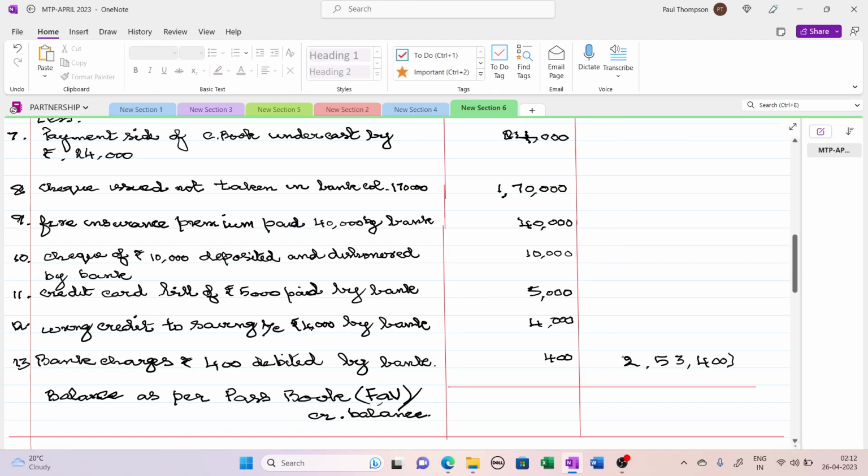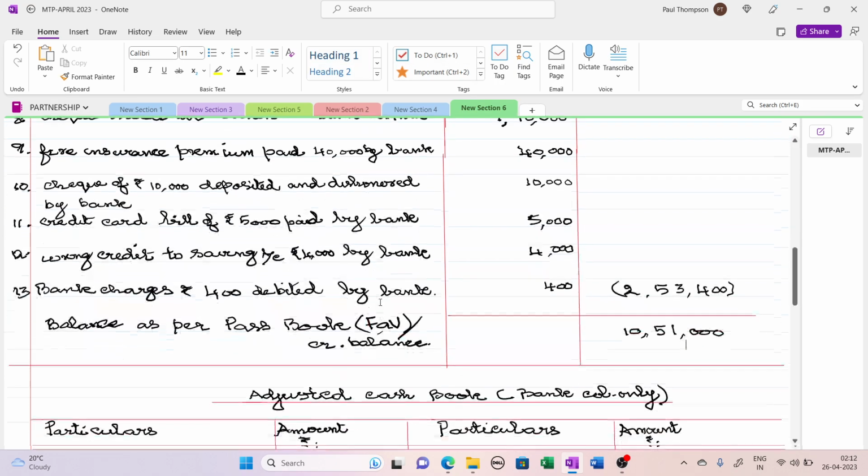So always write it in the brackets. So the balance comes to, because the plus amount is more, the balance is favorable, 10,51,000. The balance as per passbook will be 10,51,000.